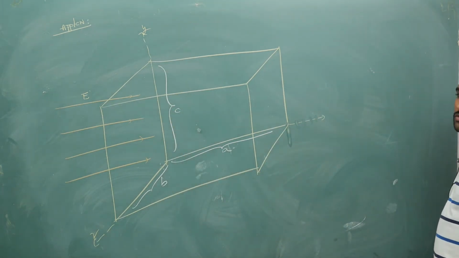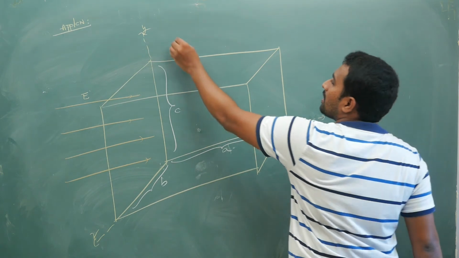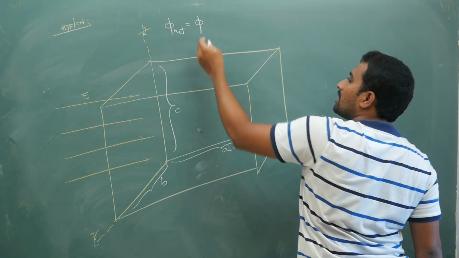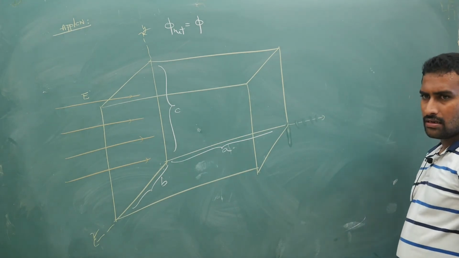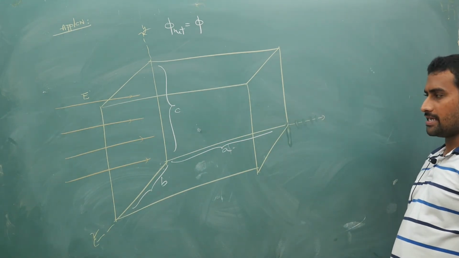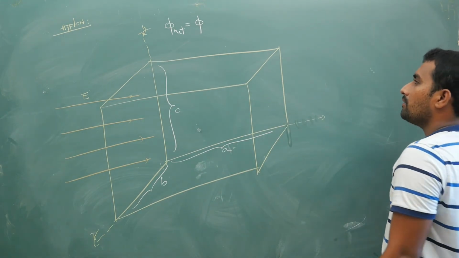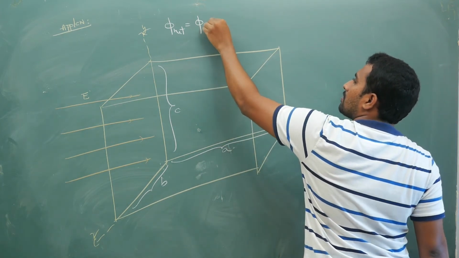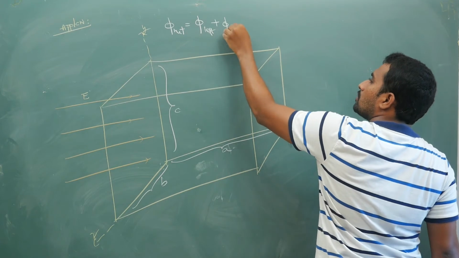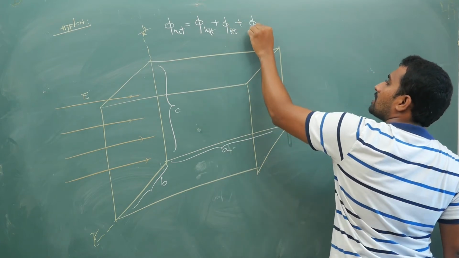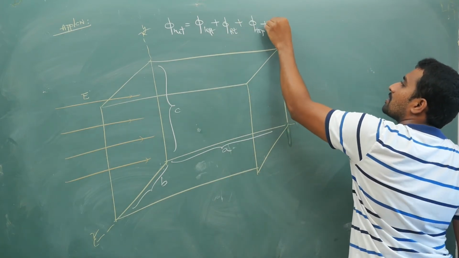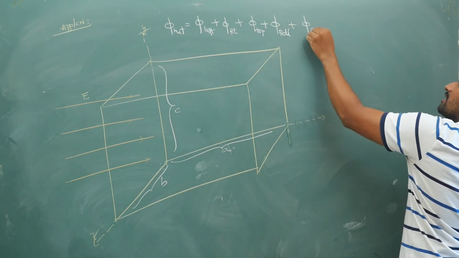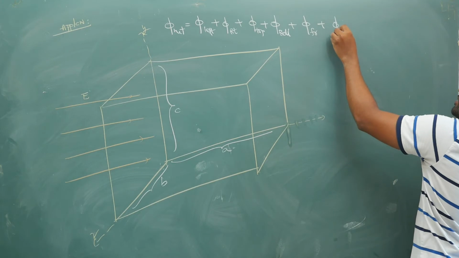Now what is your net flux? Totally, how many areas are there? There will be flux along that many areas. So you will have flux through the left face plus flux through the right face plus flux through the top face plus flux through the bottom face plus flux through the front face plus flux through the back.